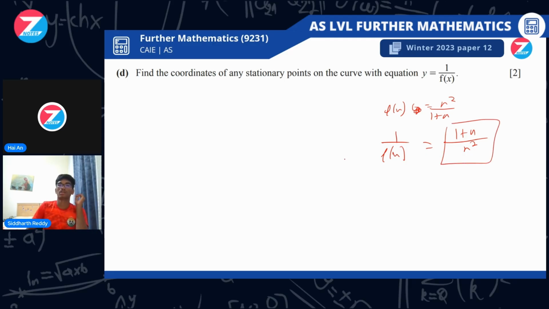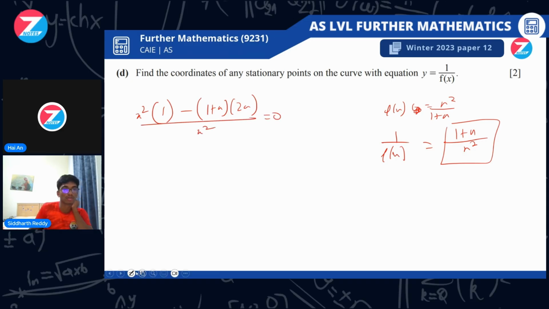So let's find the dy by dx of this and set it equal to 0. So it's going to be x squared into the derivative of 1 plus x, which is 1, minus 1 plus x into 2x, divided by x squared, is equal to 0.